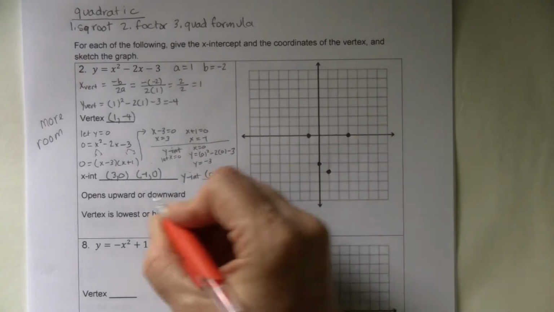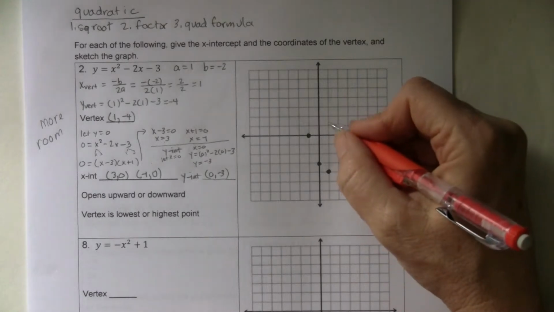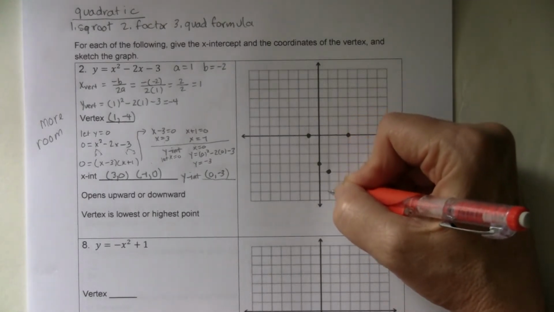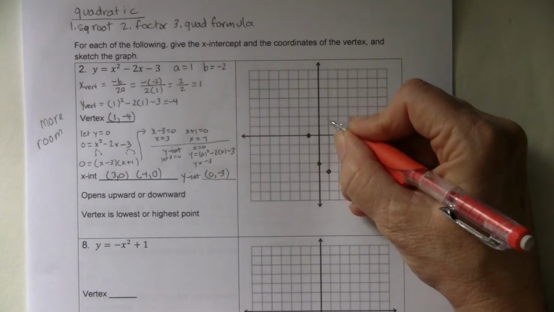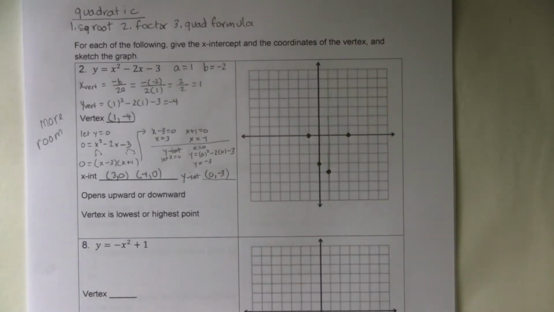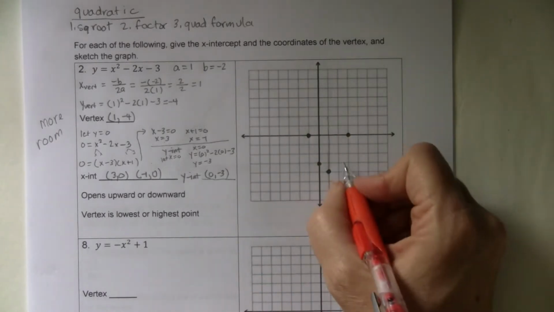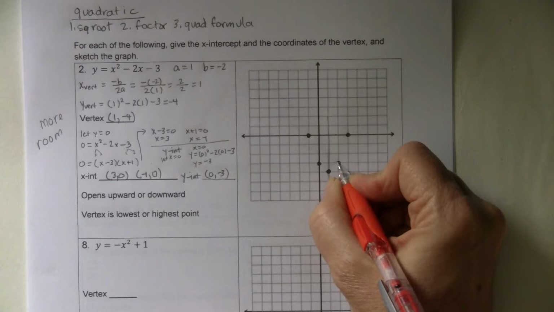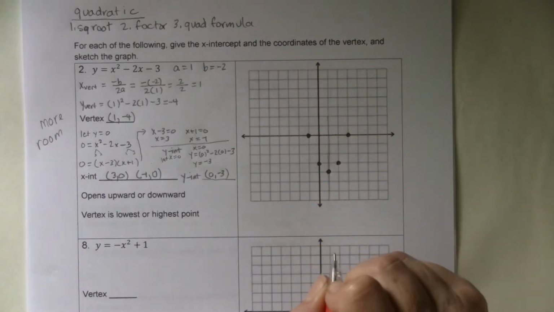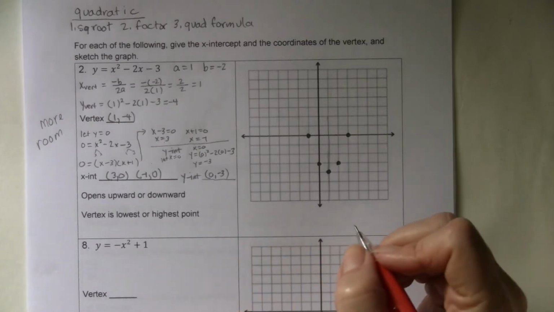So I plotted all 3 of those points, and the vertex is my symmetry, right? And so kind of I'm drawing a little light line in there. And so points should be symmetric on either side of that line. So by symmetry, this point right here should be a point on my parabola as well. If you want to check that that point solves the equation, you certainly can.